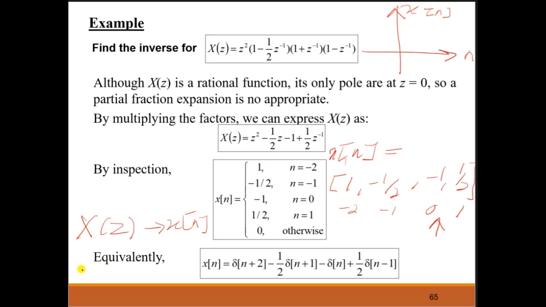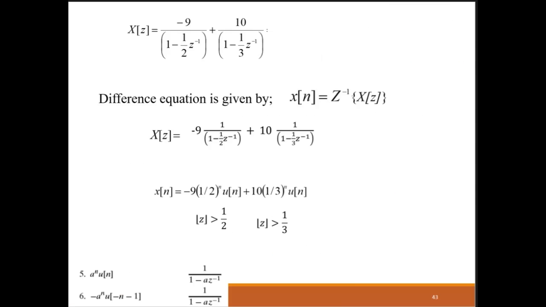Okay, so from the table we know that delta[n] is 1. Okay, delta[n] is 1. So here, and if you look at the properties too, we look at the table for a moment. Where is the table?